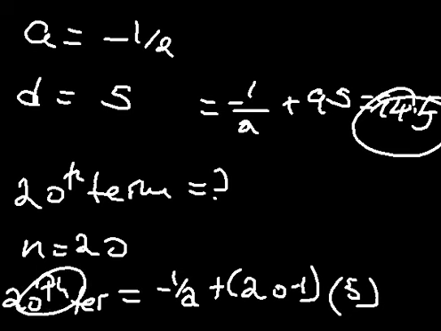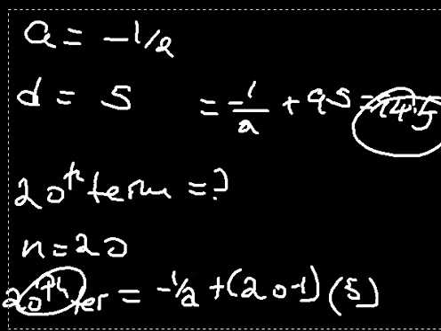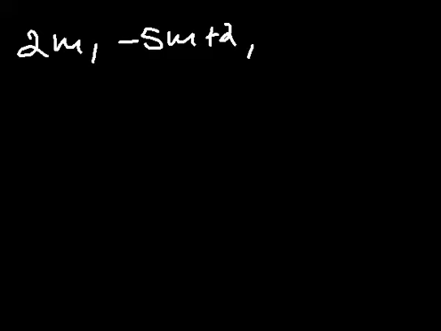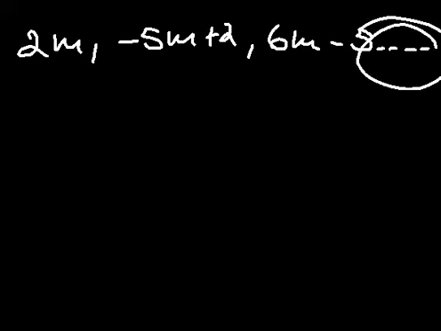And how about if we have this case? Let's say we have in this particular set 2m, minus 5m plus 2, and 6m minus 5, and the values keep on going up to infinity.